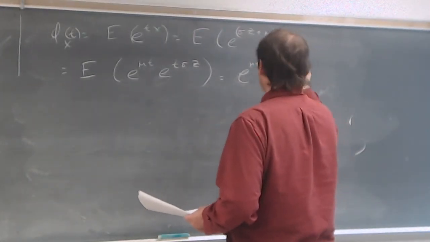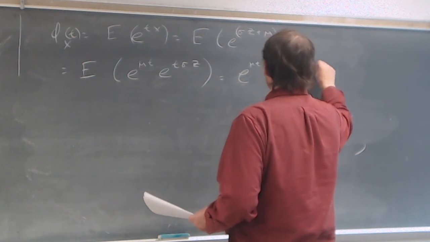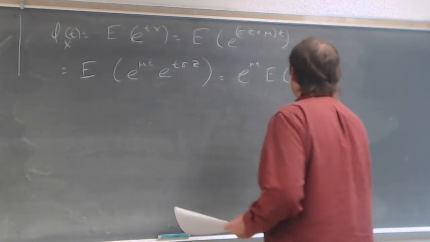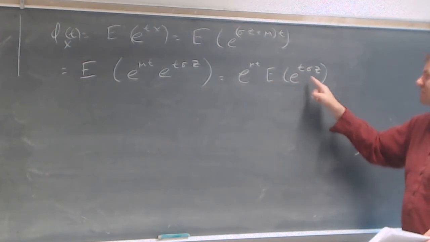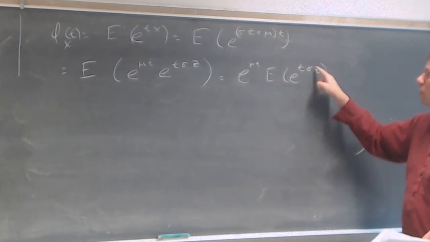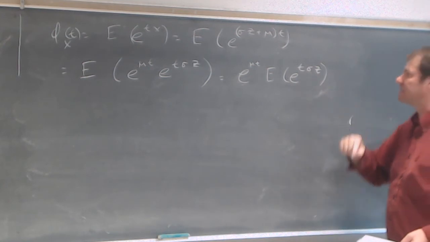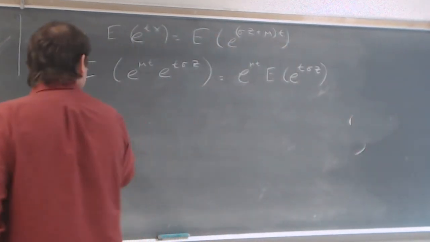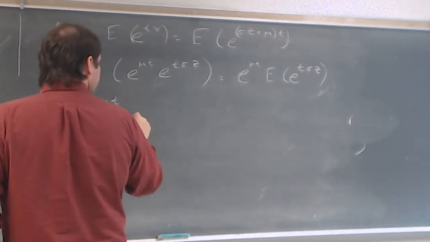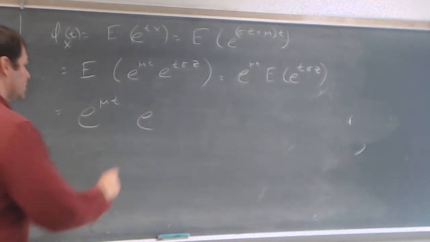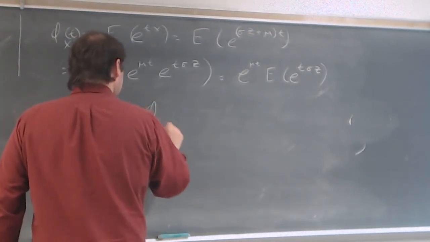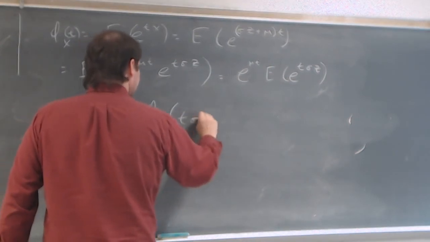So this is e to the mu t, a constant here, times the expected value of e to the t sigma z. And so this second part is the moment generating function for a standard normal evaluated not at t, but at t times sigma. So it's phi sub z evaluated at t sigma.